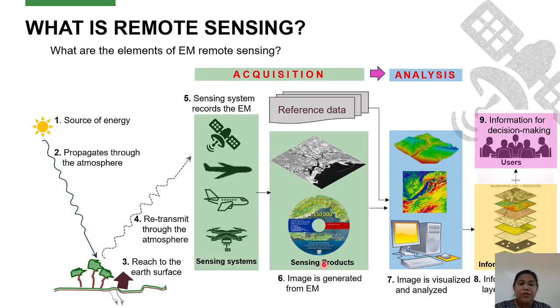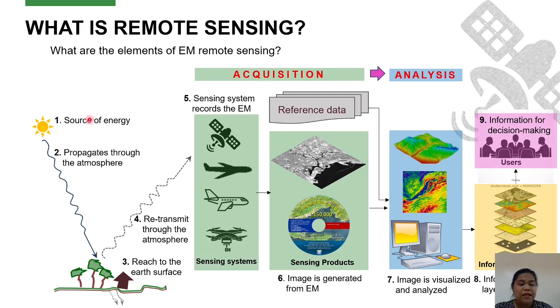What are the elements of electromagnetic remote sensing? The figure here illustrates the elements of remote sensing, or how the sensors collect information and data. In general, remote sensing involves acquisition and analysis. We have the sun that serves as a source of energy or radiation.